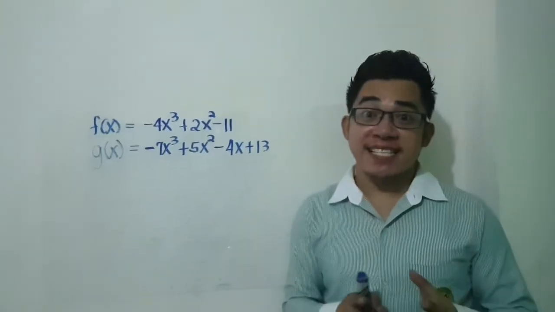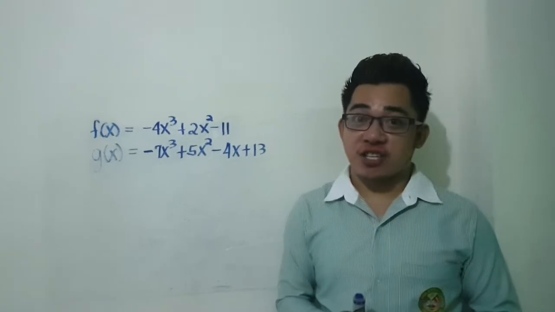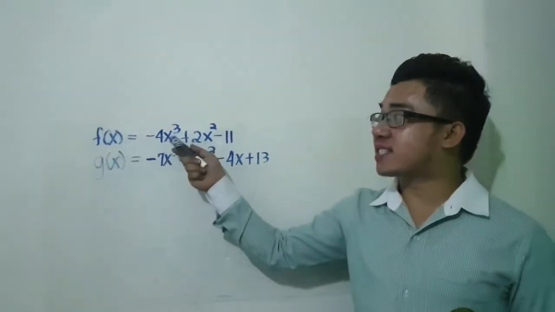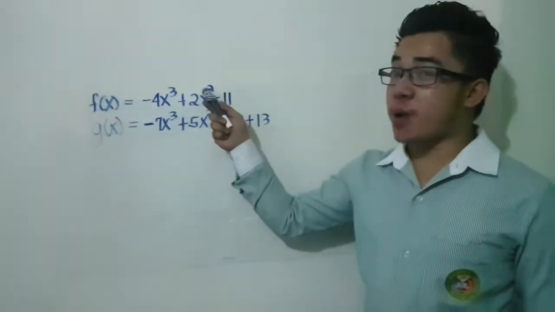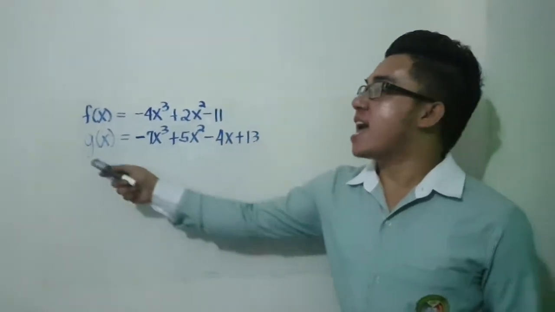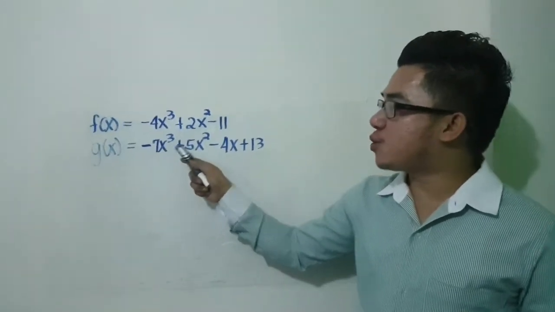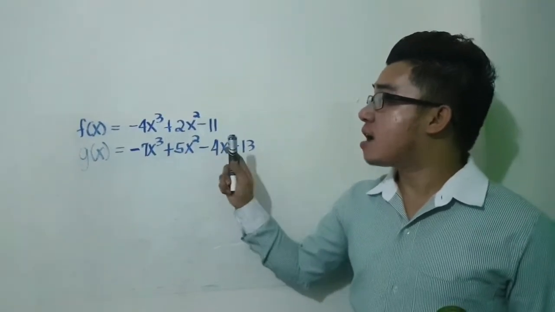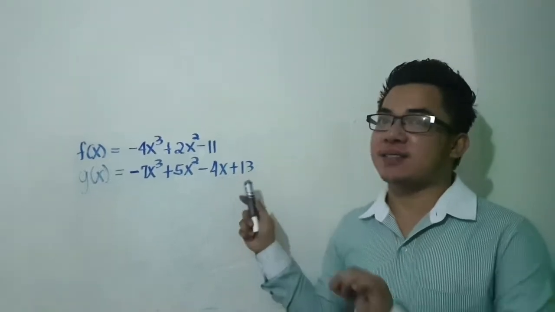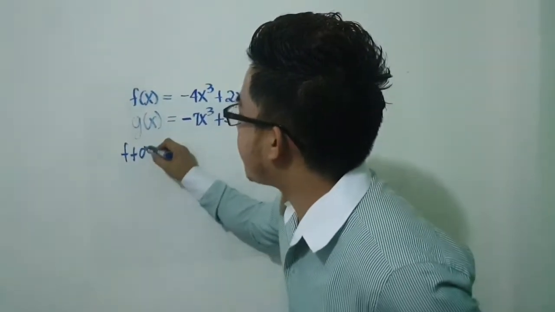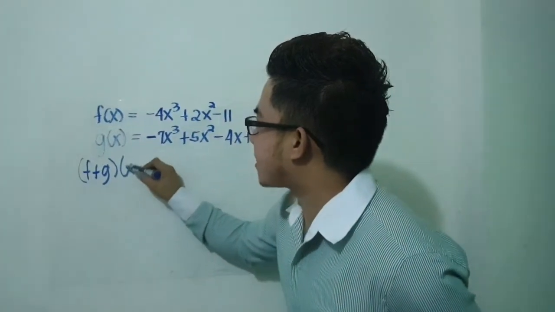For our next example, the given functions are f of x is equal to negative 4x cubed plus 2x squared minus 11. And g of x is equal to negative 7x cubed plus 5x squared minus 4x plus 13. Let us perform f plus g of x.